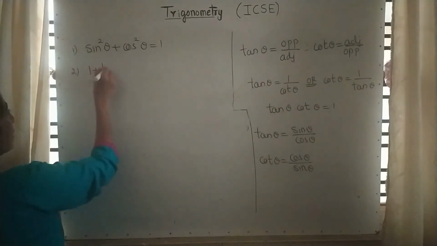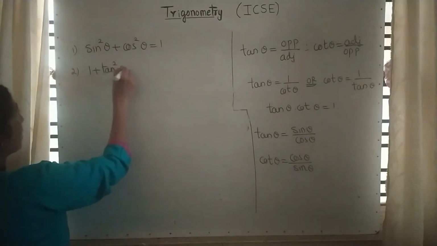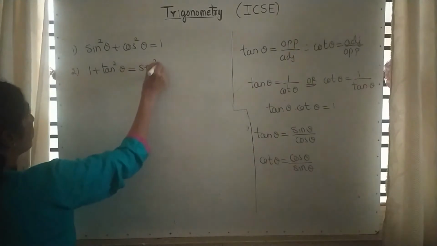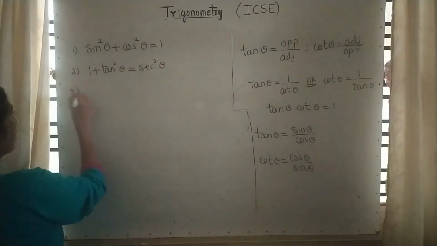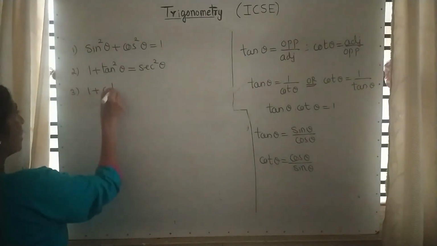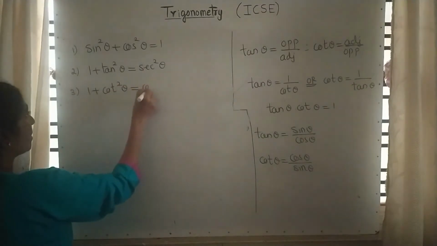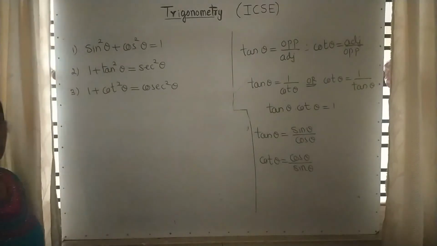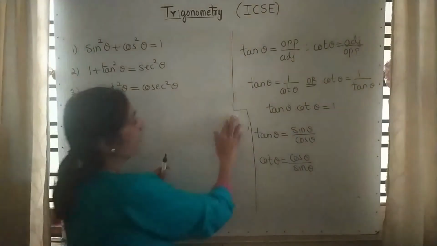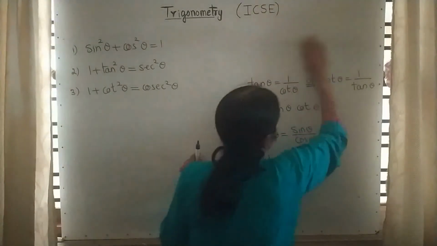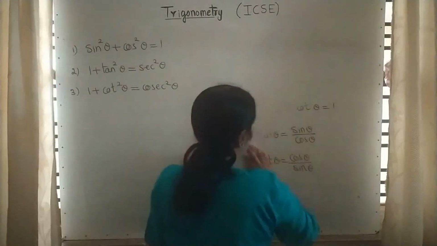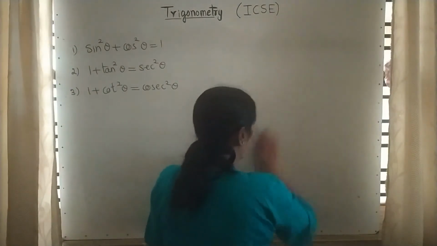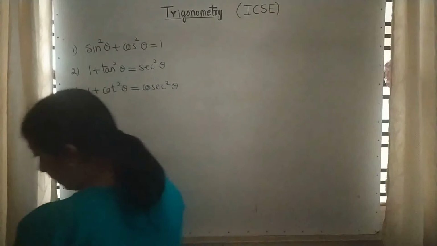Second one, 1 plus tan square theta is equal to secant square theta. Third one, 1 plus cot square theta is equal to cosecant square theta. You studied all this in the 9th standard. So with the help of these basic ratios and identities, we are solving the examples from your textbook.